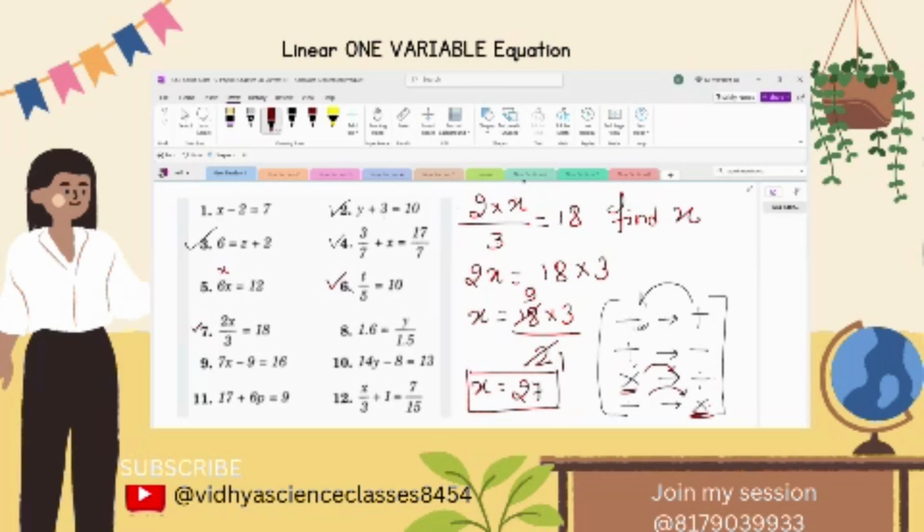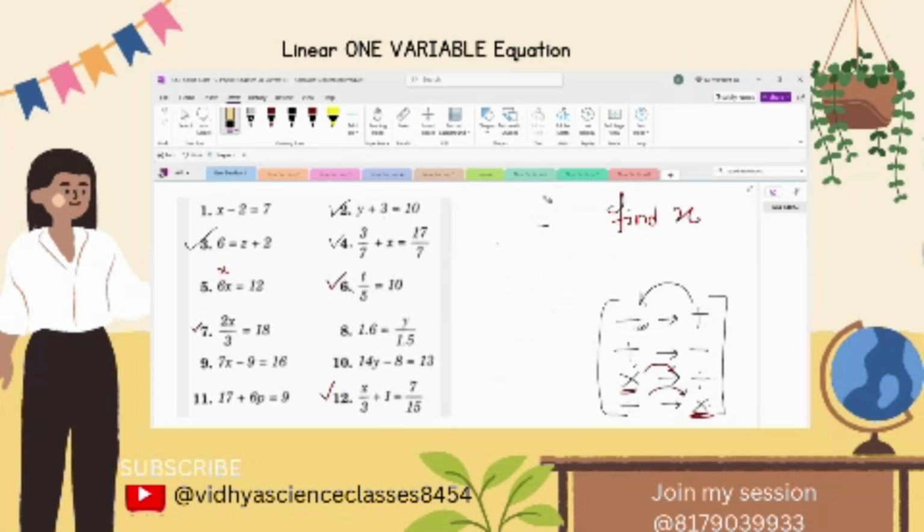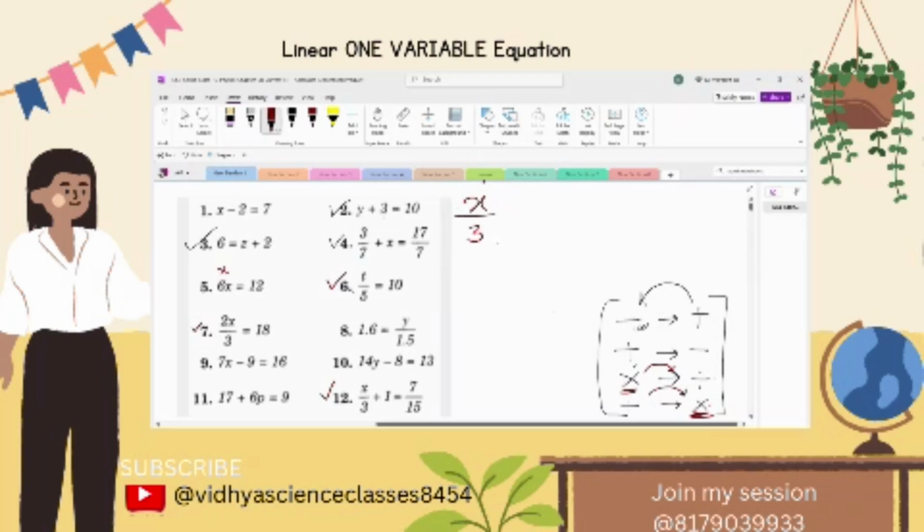Okay, bachcha? Now question number 12. Here, two things are happening. x divided by 3 plus 1 is equal to 7 divided by 15.